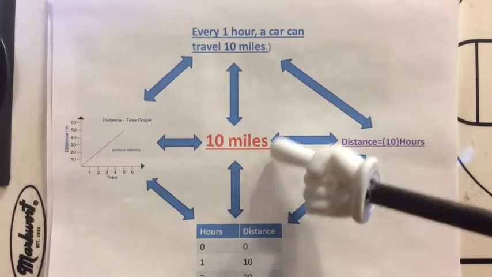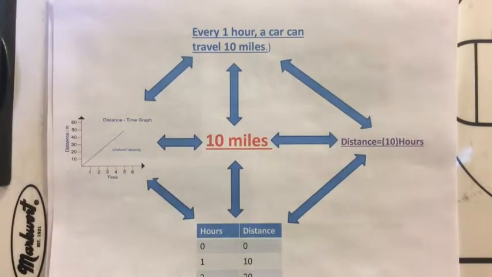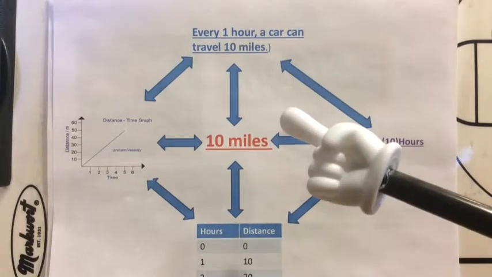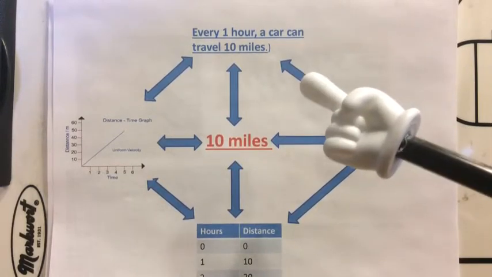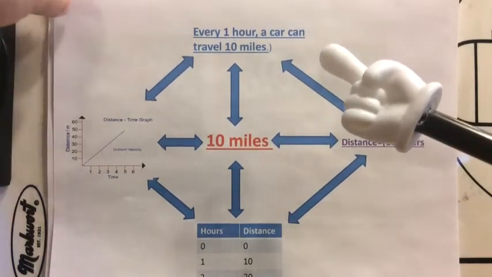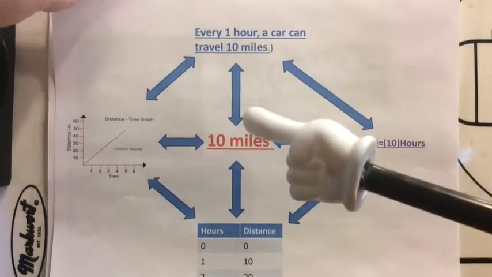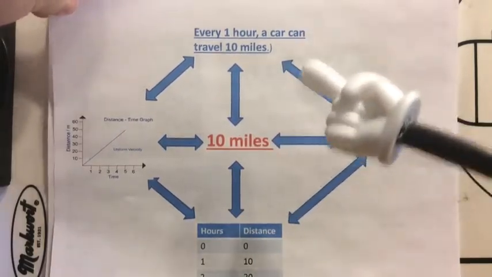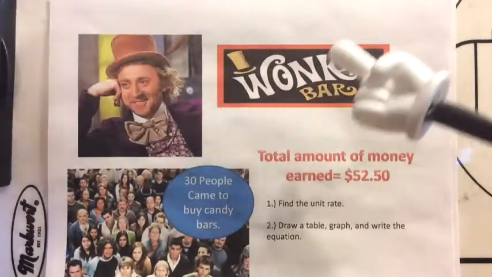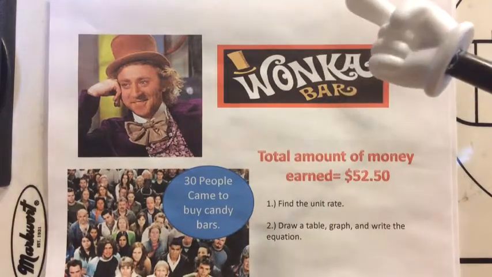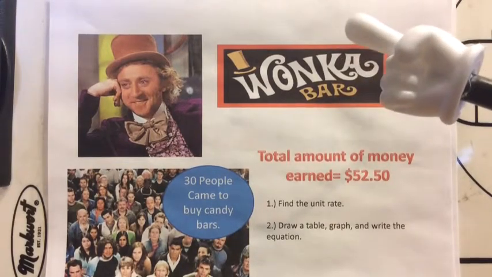10 miles. So now that you're a little familiar with how to construct your own proportionality web, I'm going to give you one example that you can do with your teacher in class and see how well you can apply all your known knowledge right now into your future proportionality web. Oh, it's that Willy Wonka and his Wonka bar.